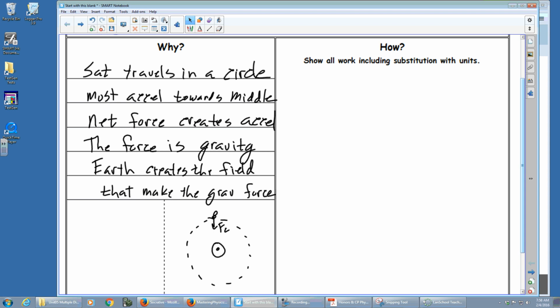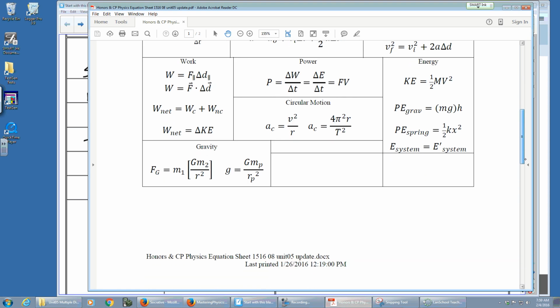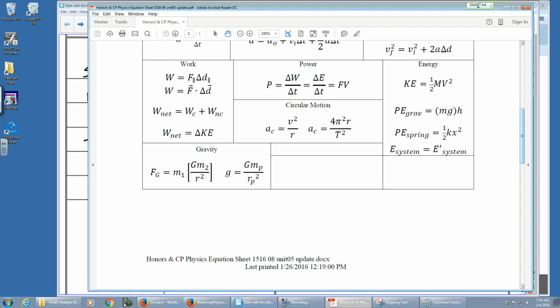Any questions on the why before we dive into the how? This is bringing together stuff from circular motion and gravity, right? It would be good to grab an equation that talks about one body making a gravitational field and the other one feeling a force. Oh, that's our gravitational force equation.